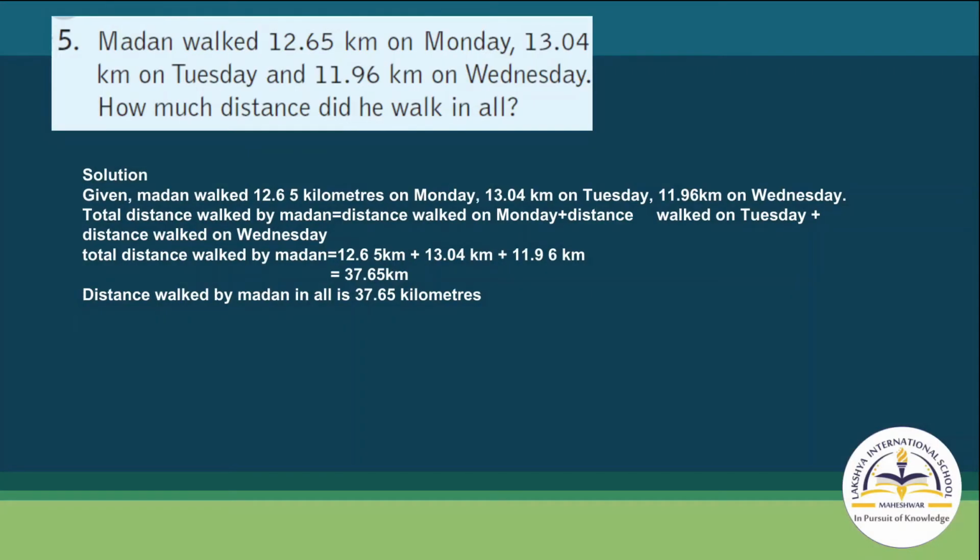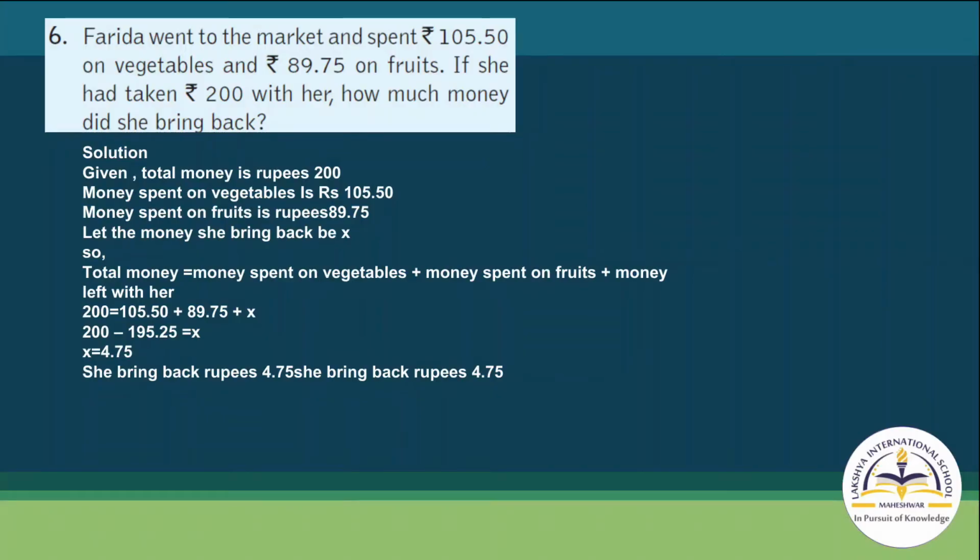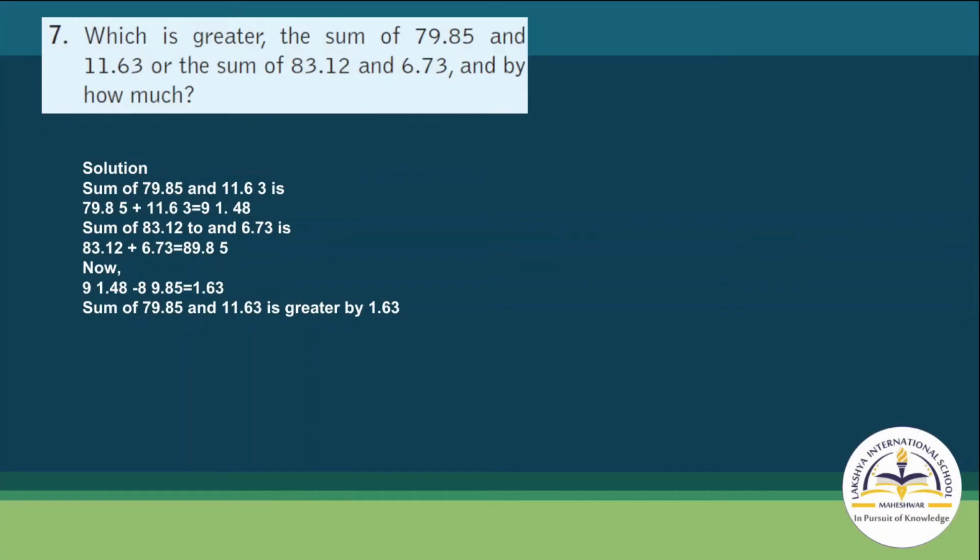In the same manner you have to solve question number 5 and 6. Question number 7, which is greater, the sum of 79.85 and 11.63, or the sum of 83.12 and 6.73, and by how much? Okay, so first we do the addition of 79.85 and 11.63, and we get 91.48.